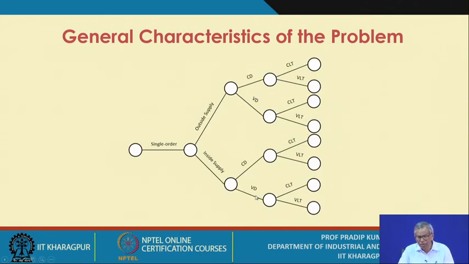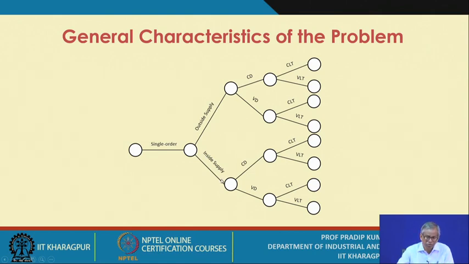Okay. So the problem classification is shown in the following figure. Just look at this figure. Very clearly we have drawn this diagram. So what you find here, there is a single order model, single order. Just one order is sufficient to meet the demand. Then it could be the outside supply or it could be the inside supply.